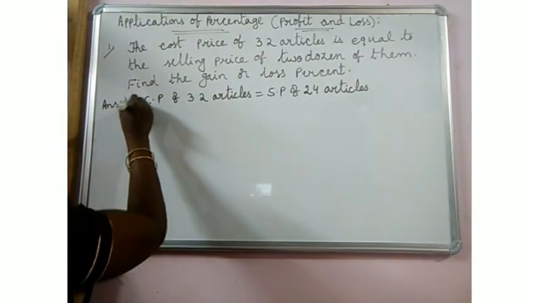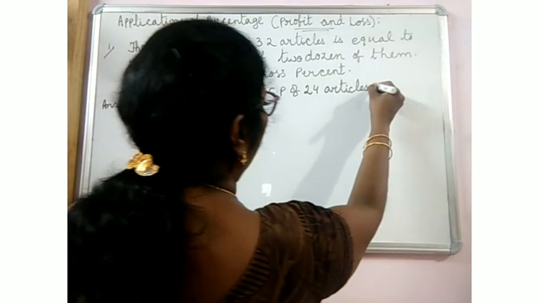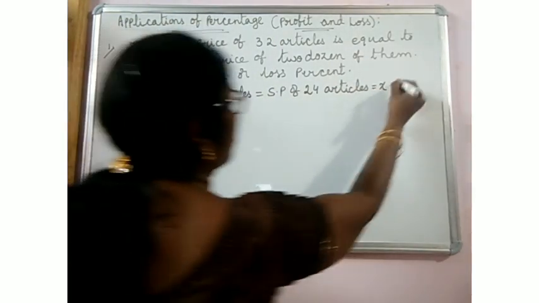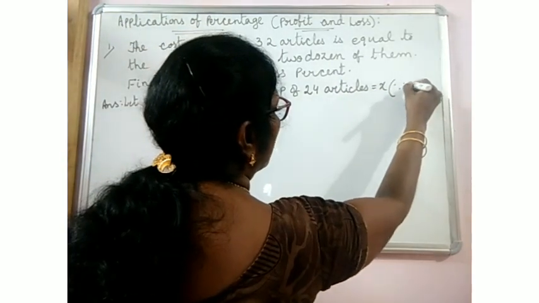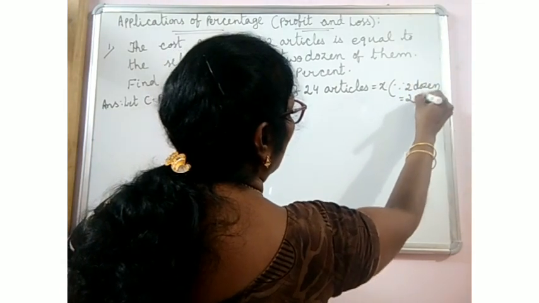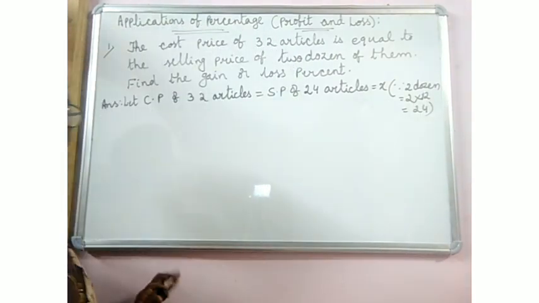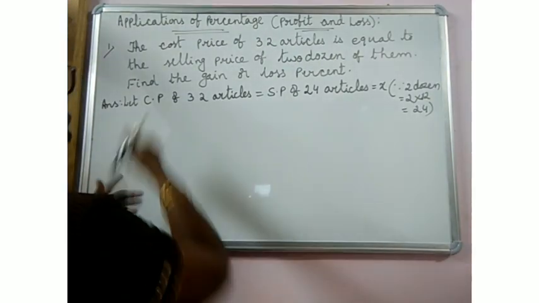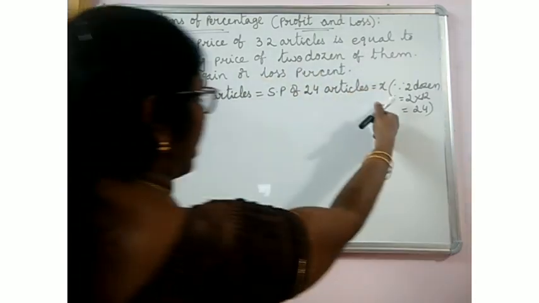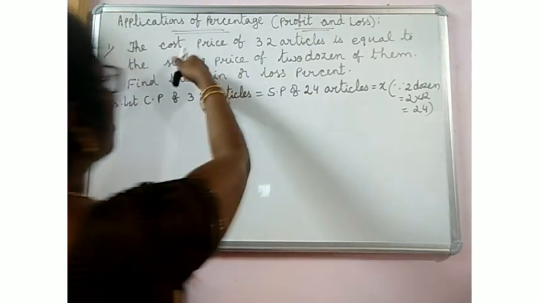Let CP of 32 articles equal SP of 24 articles equal X. Within brackets you can write 2 dozen means 2 into 12, that equals 24, for better understanding. If the cost price of 32 articles is X, the selling price of 24 articles is also X, because they are equal.